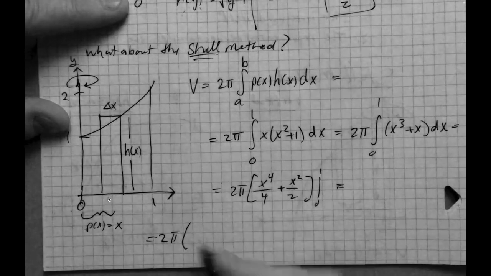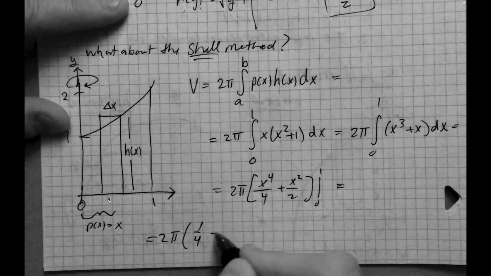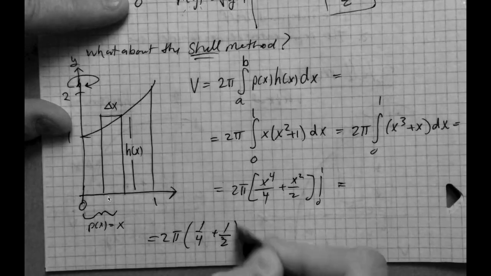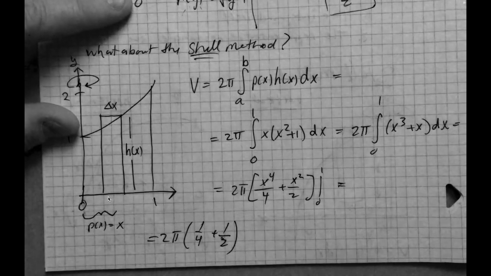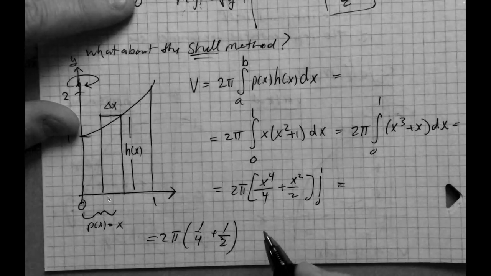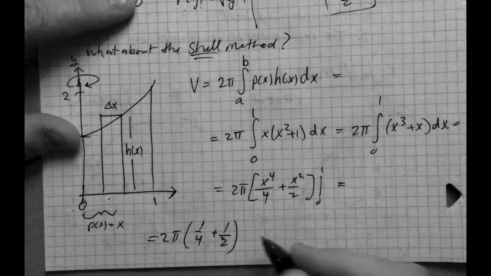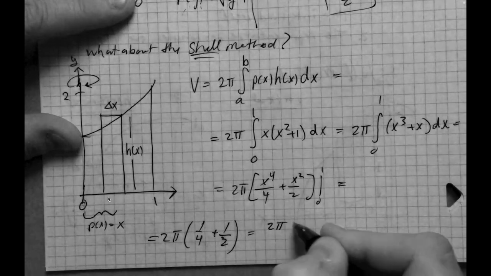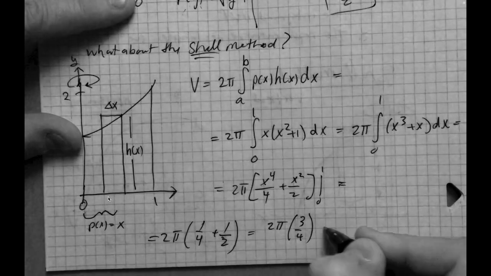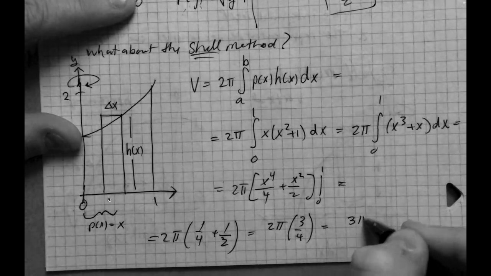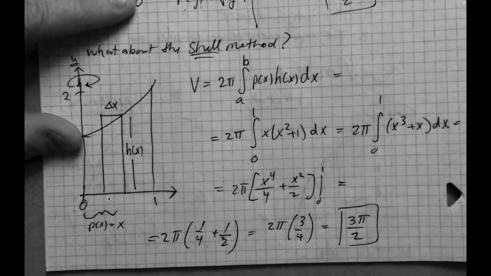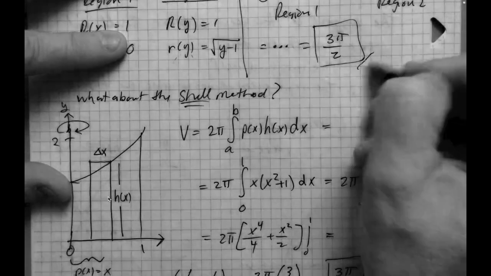Plugging in the 1, we get basically a 4th plus a half. All right, a 4th plus a half is 3/4. And so we get 3 pi over 2. Perfect, right? So it agrees.